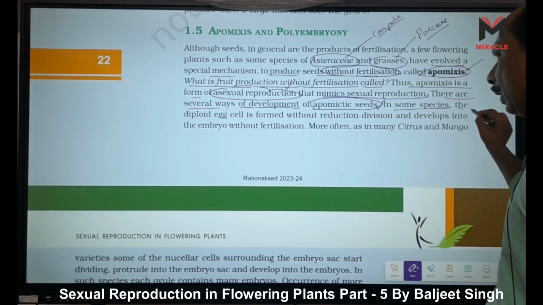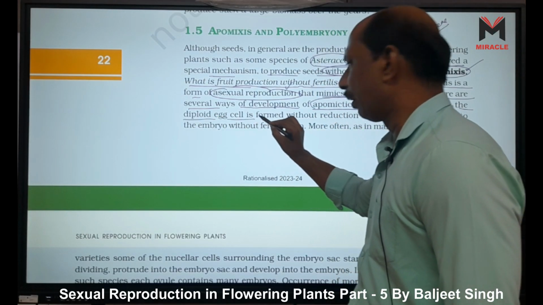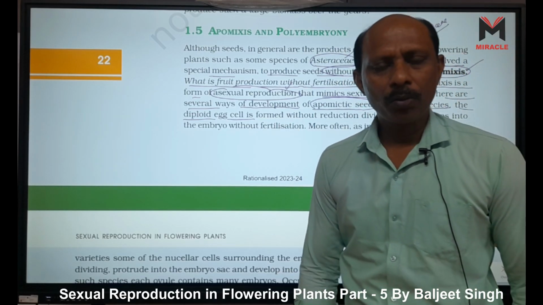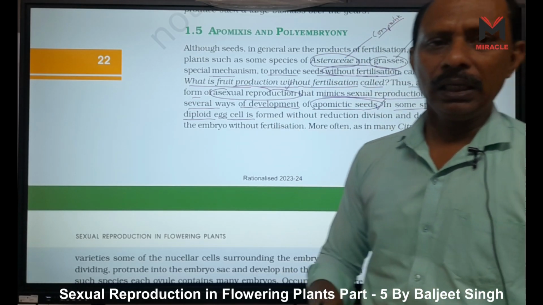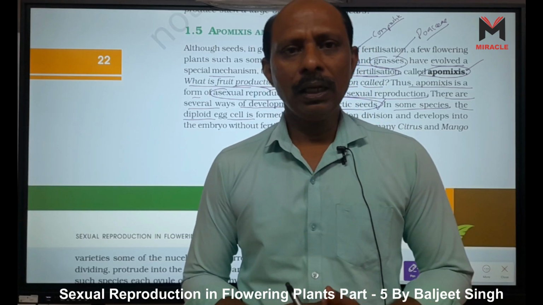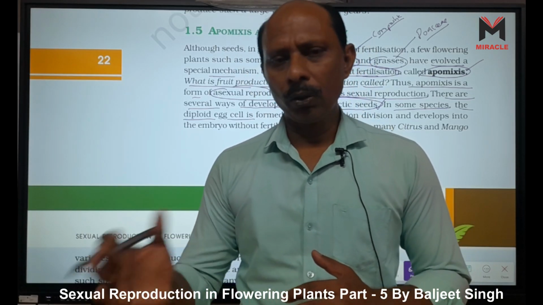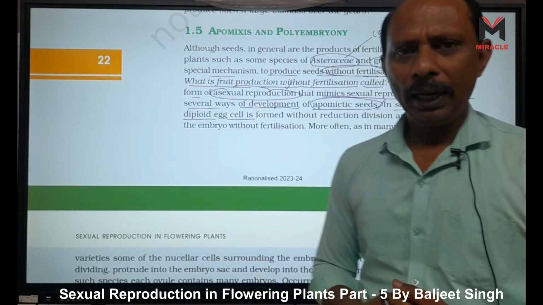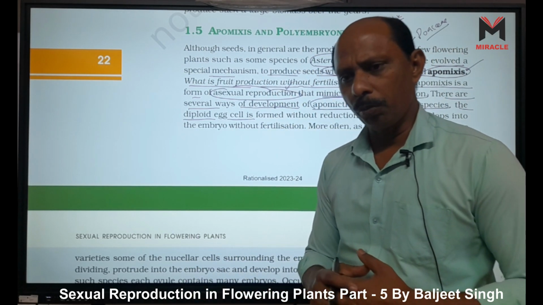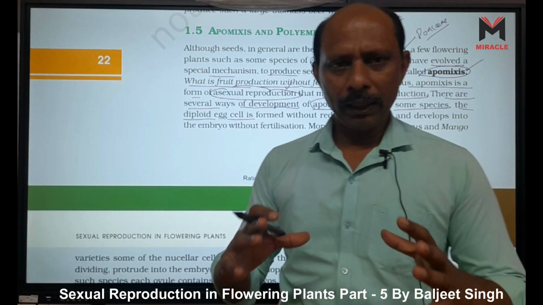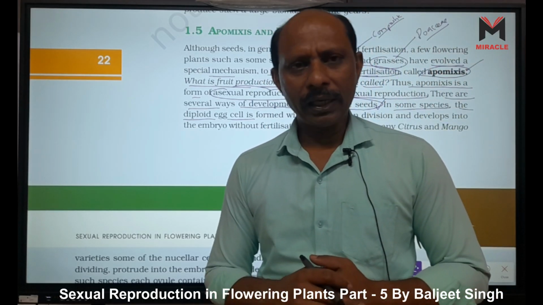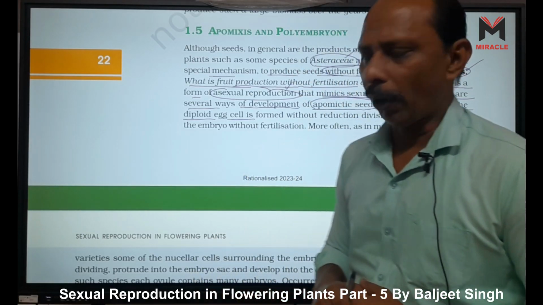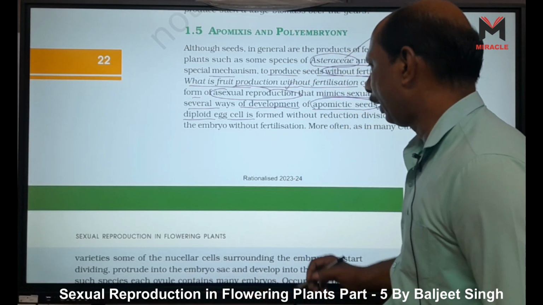In some species, the diploid egg cell, why is it a diploid egg cell? Sometimes what happens, the megaspore mother cell cannot go into meiosis, but it acts as a megaspore, right. Then it forms an embryo sac and an egg cell through mitotic division. The egg cell is already diploid because meiosis is absent here, right.